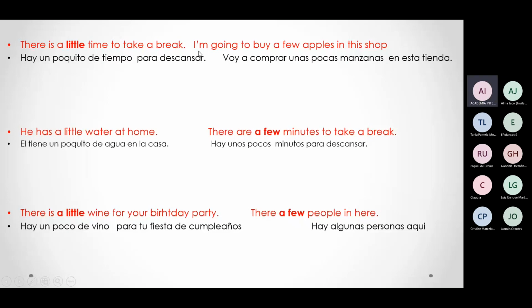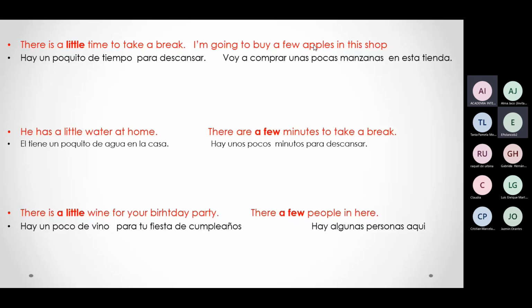Por ejemplo, I'm going to buy a few apples in this shop. What do you think about this one? Apples is a countable or an uncountable noun? Countable. Yeah, it is a countable noun because we can count apples. One apple, two apples, three apples, four apples. That's why it's a countable noun.